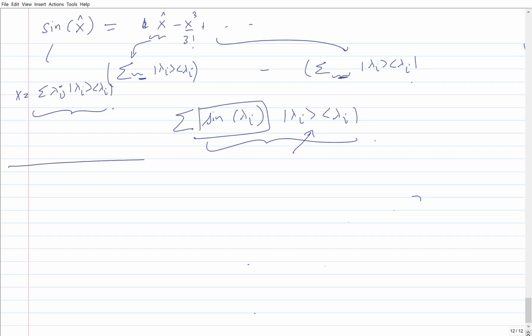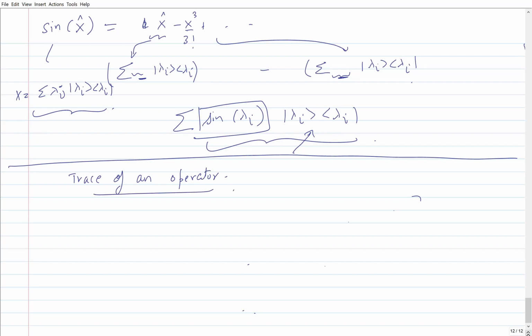Okay, so another important construct is the trace of an operator. Well, the trace of the operator is essentially the sum of all the eigenvalues, or in other words, the sum of all the diagonal elements.